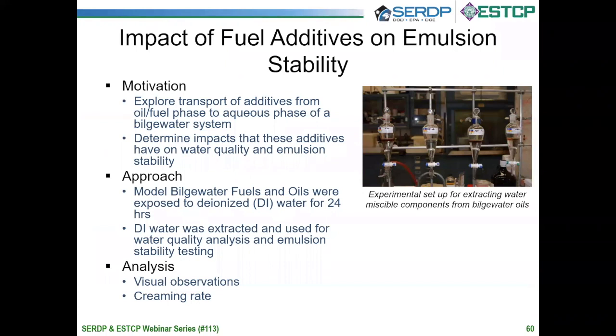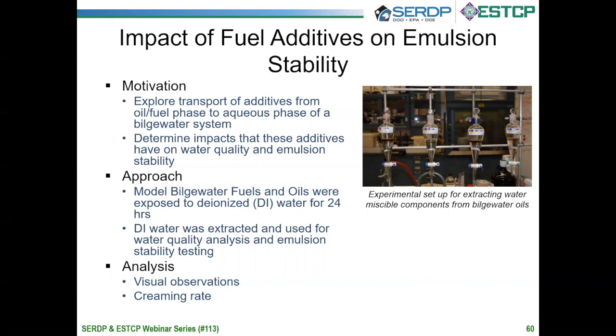Next, we wanted to look at the impact of fuel additives on emulsion stability. In previous experiments, we saw that there were additives in our hydrocarbon phase. We had previously never investigated the hydrocarbon phase as a potential source of emulsification. And so what we did is we wanted to determine exactly what those additives are and how they transport into the aqueous phase.